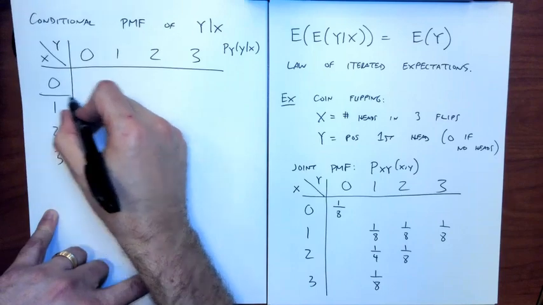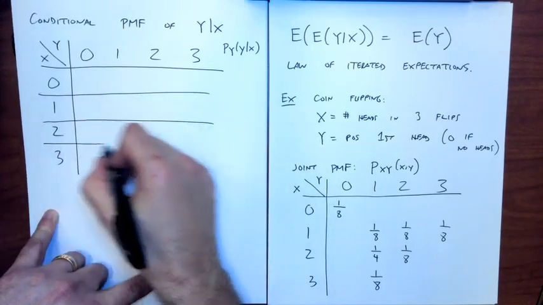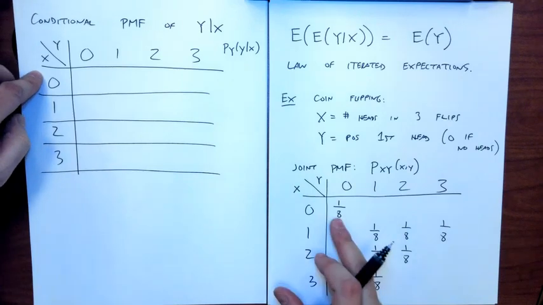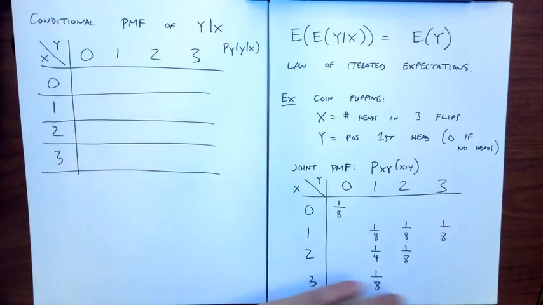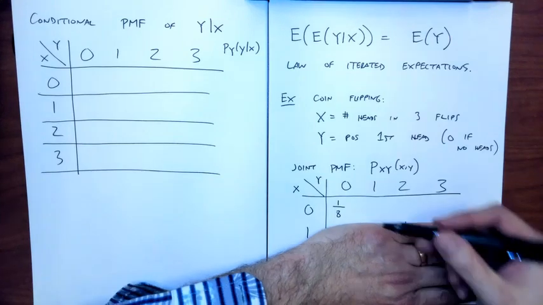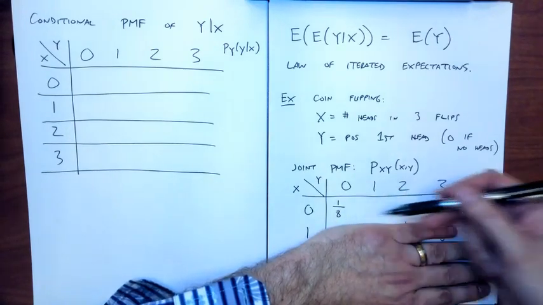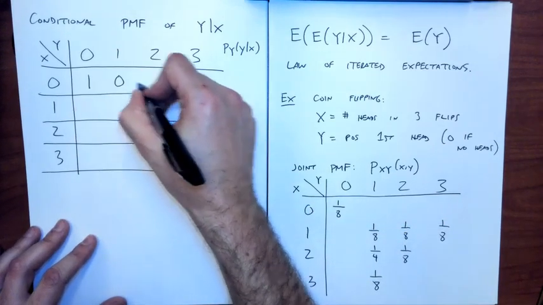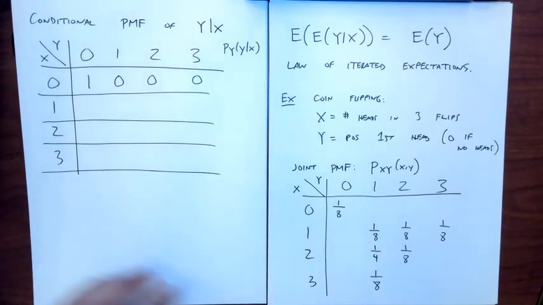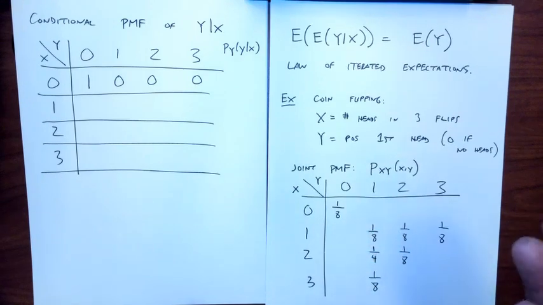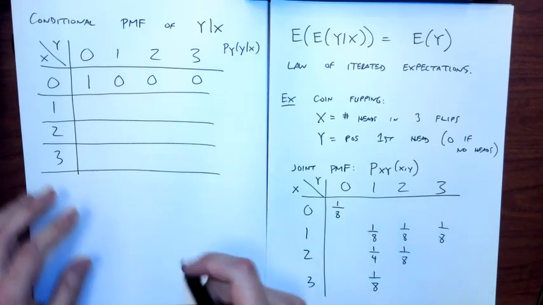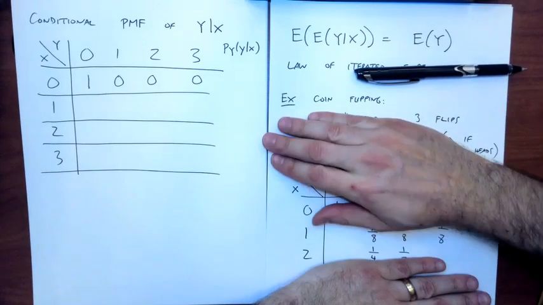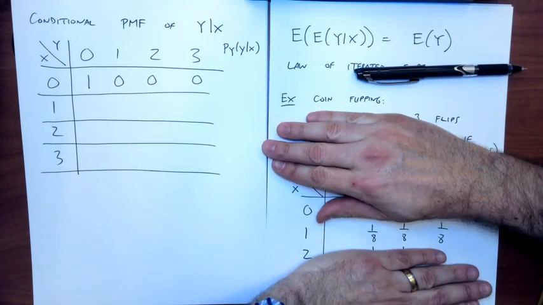And the way to read this is along the rows, right? This is like saying, okay, if x was 0, what would the conditional PMF of y be? Well, I normalize this row by the sum of probabilities, and in this case, I would have a normalized PMF that looks like this, because it's a certainty that if 0 occurred for x, then 0 must be the value of y. If 1 occurred for x, then I take this row and normalize it by the total probability, which is 3/8.